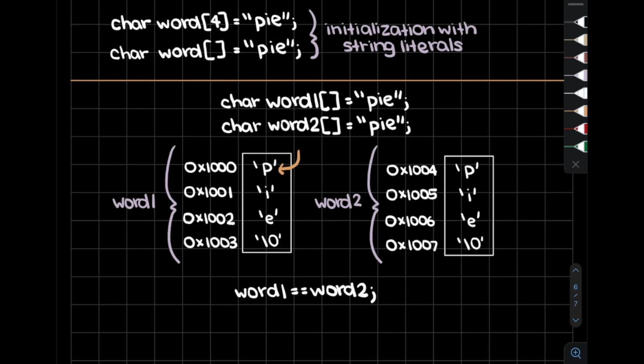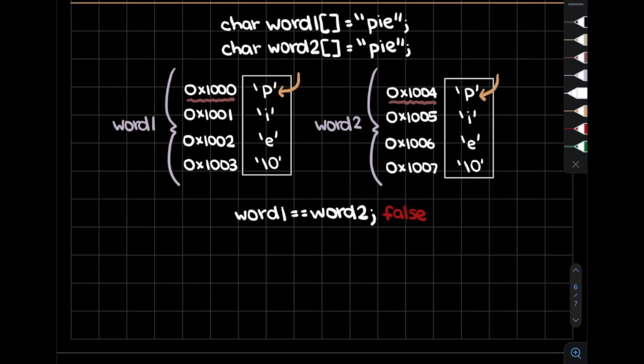Similarly, when we say word2, we're getting a pointer to its first element, which is also the character p. Now, all pointers are addresses. So in reality, what we're comparing here are the addresses of the two characters p. So for word1, that's address 1000, and for word2, that's address 1004. Obviously, these addresses are not the same, so this expression evaluates to false.